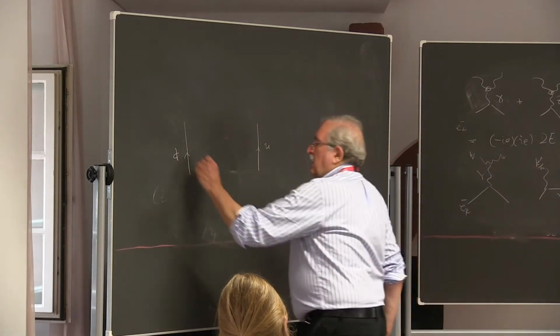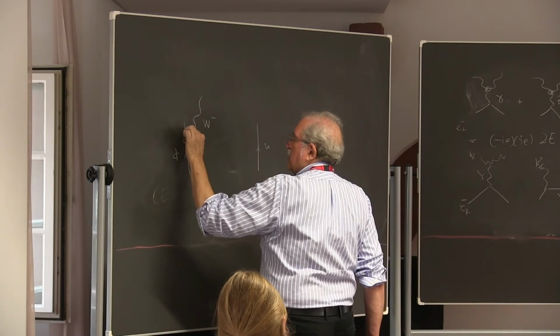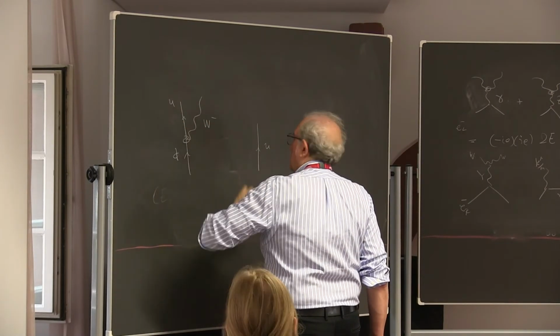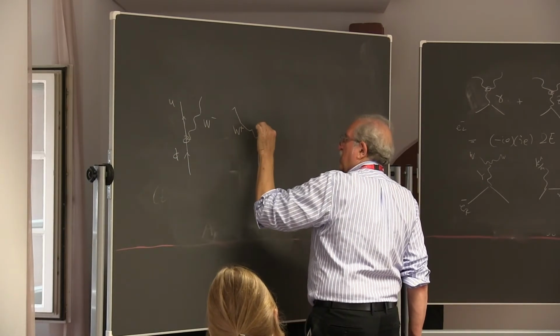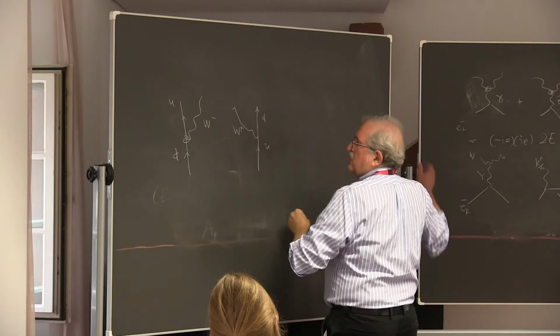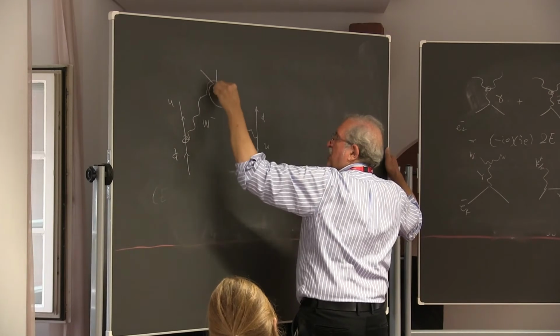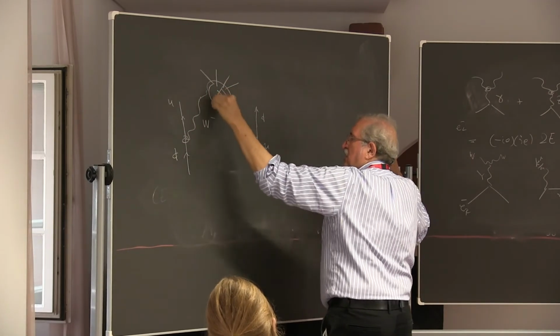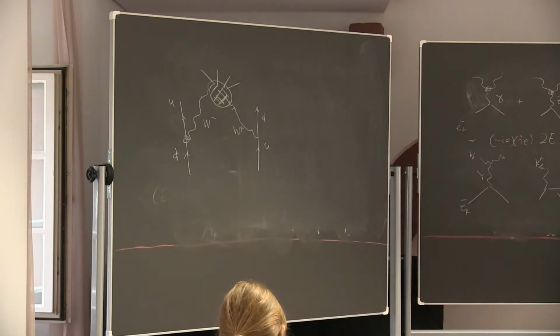So the D can emit a collinear W minus and turn into a U, and the U can emit a collinear W plus and turn into a D, after which the W minus and W plus can come together and make some reaction, which might, for example, include the production of one or more Higgs bosons.